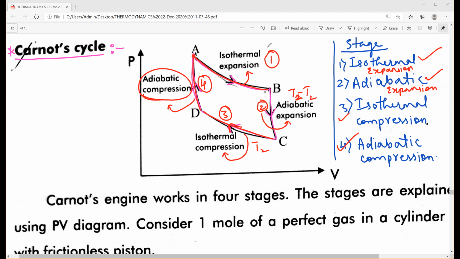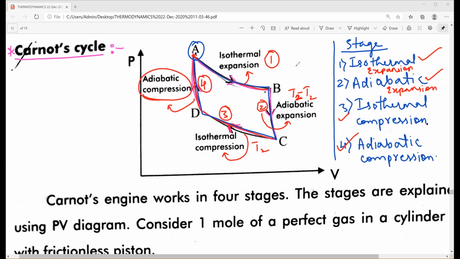Notice the curve A to B, B to C, C to D, D to A completes one cycle, which we call the Carnot cycle. The area of the loop ABCDA gives the total work done per cycle. So this is all about the Carnot cycle.